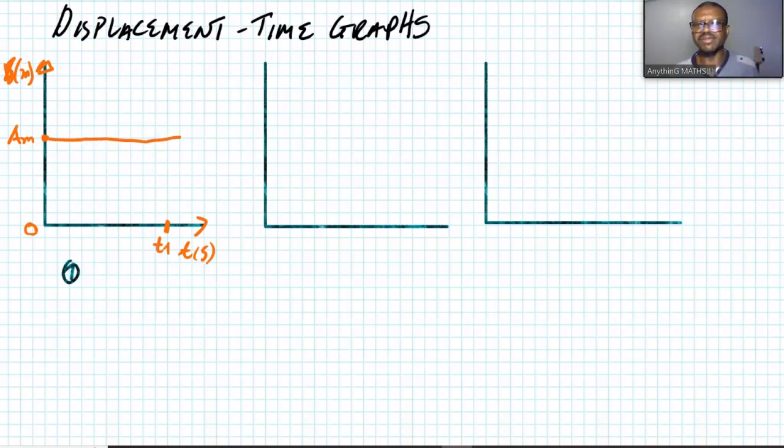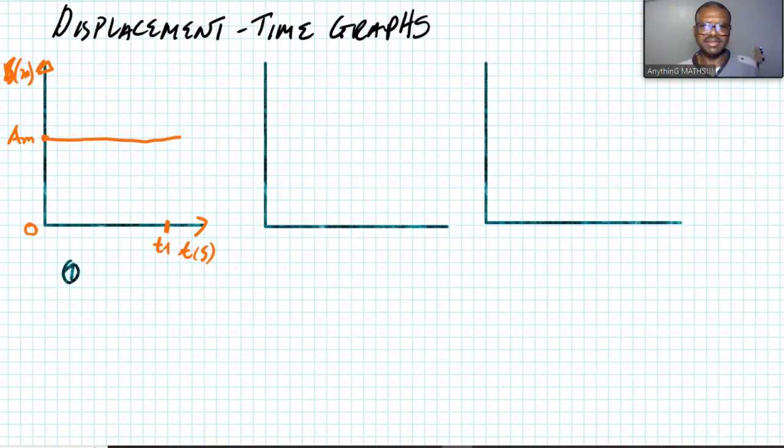Have you seen? So it means we are at the same distance, but time is moving. Okay. So when you see this sort of displacement time graph, it means the object or the vehicle or whatever you are considering is not moving.